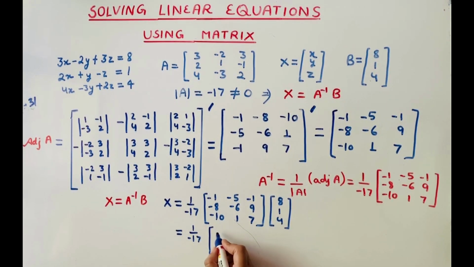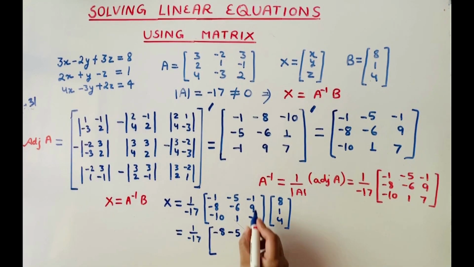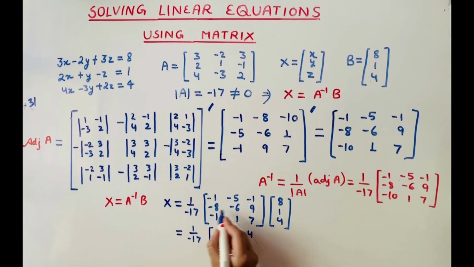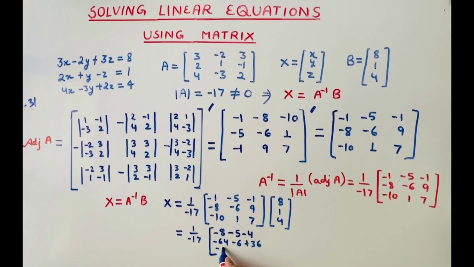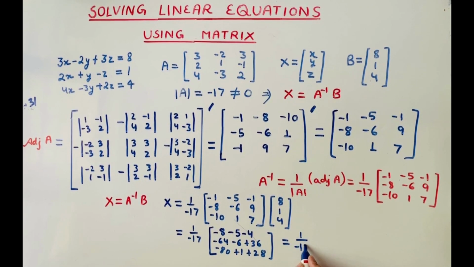So here we will get minus 8 minus 5 into 1, minus 5 and minus 4, and the second row will be minus 64 minus 6 plus 36. The third row will be minus 80 plus 1 and 7 into 4, 28. Okay, so here this one will be 1 by minus 17, and now we will add all this.